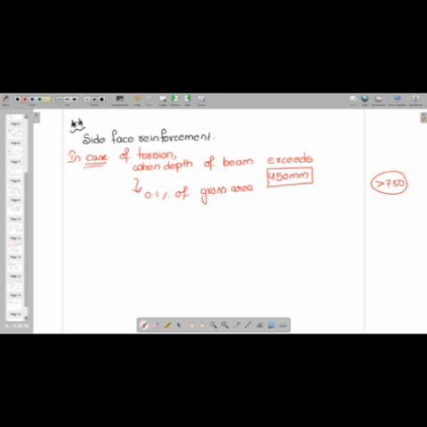Now see students, when I talk about the maximum spacing of shear stirrups, it should not be greater than x1, or x1 plus y1 by 4, or 300 mm.